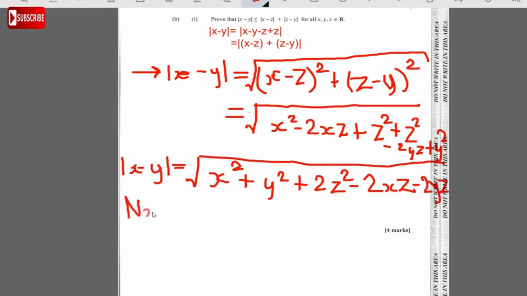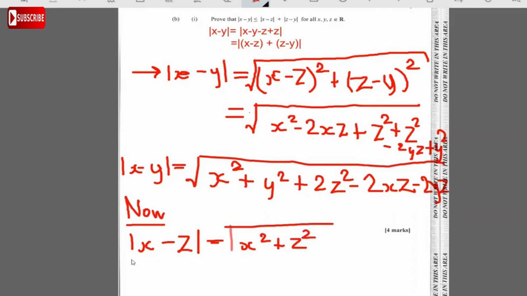Now, the modulus of x minus z is going to be equal to x squared plus z squared square rooted, and the modulus of z minus y is equal to the square root of z squared plus y squared.